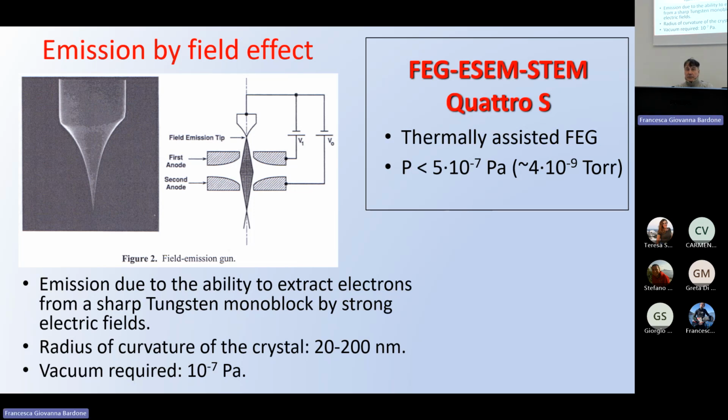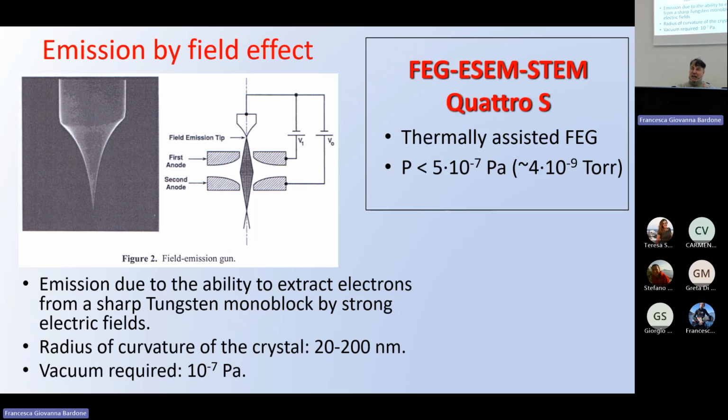But with this type of source, you can have a probe down to 1 nanometer. You can have high resolution and the same energy for electrons. So you see, the electrons come from this crystal, and they are extracted not by heating the filament, but just by applying a voltage in front of your filament.